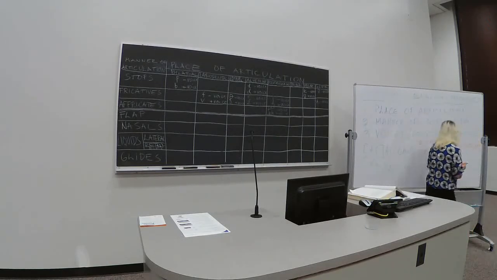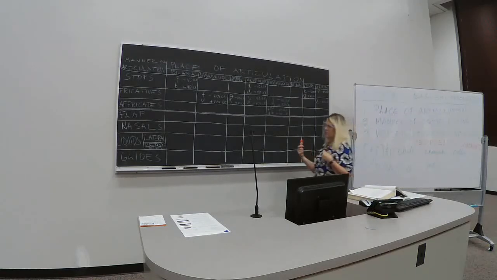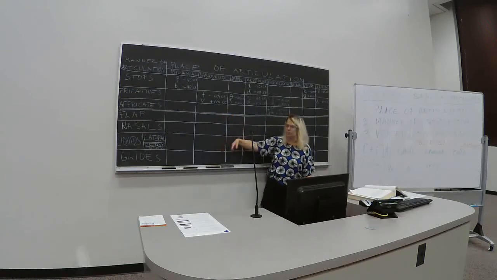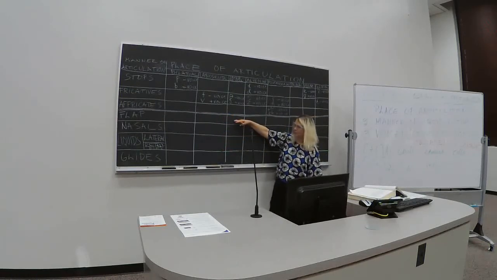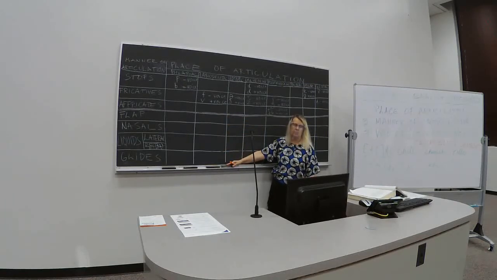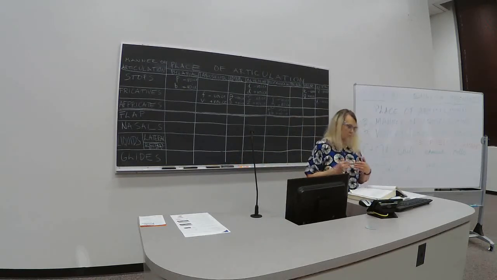So sounds can be divided into obstruents and sonorants. Sonorants are all voiced, with one exception, which we'll point out in a minute. These are all voiced, so we won't be making the distinction minus voice and plus voice for the remainder of the sounds because it's a moot distinction.